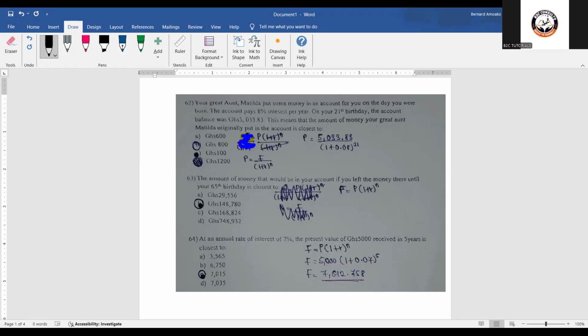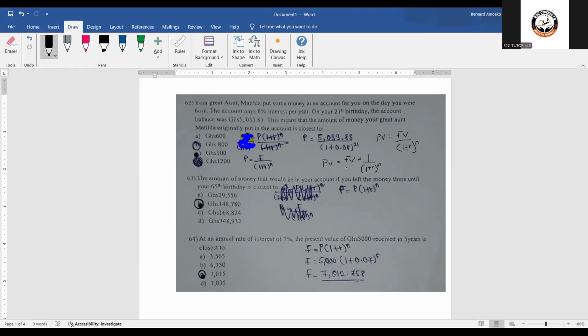This means that the amount of money your great aunt Matilda originally put in the account is close to what? So this question is asking you to do present value. And we all believe that present value is equal to future value over 1 plus r raised to the power number of years, or present value is equal to future value multiplied by 1 over 1 plus r raised to the power n.